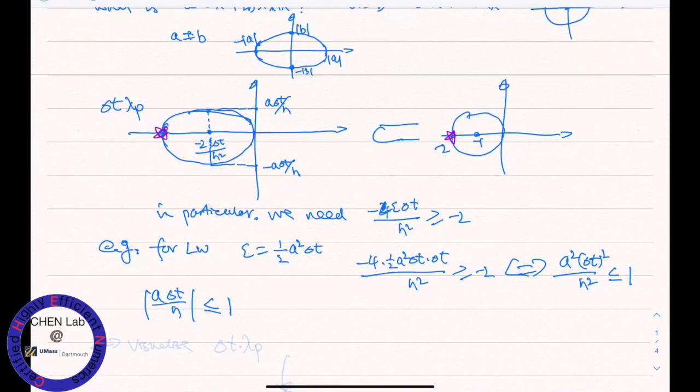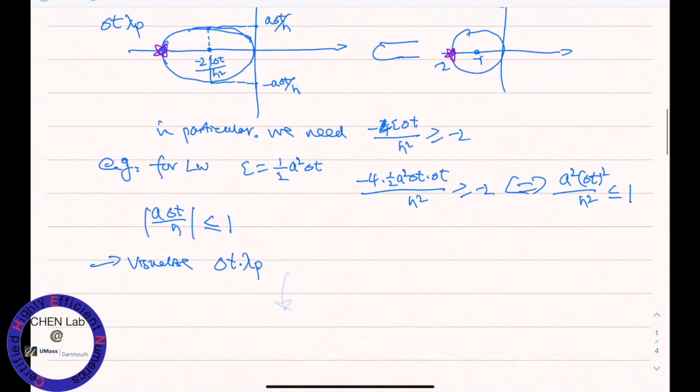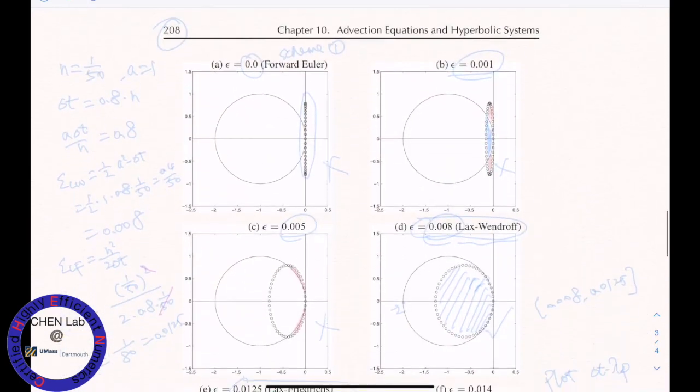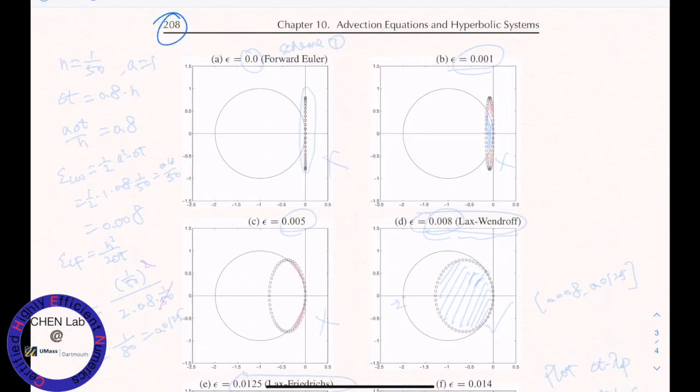So next we're going to visualize this delta t times lambda p. Okay, this can easily be coded up. You just calculate that formula that we just derived, by going through all the x, all right, between 0 and 2 pi. We're going to just take what we have in the book, page 208 from the book.